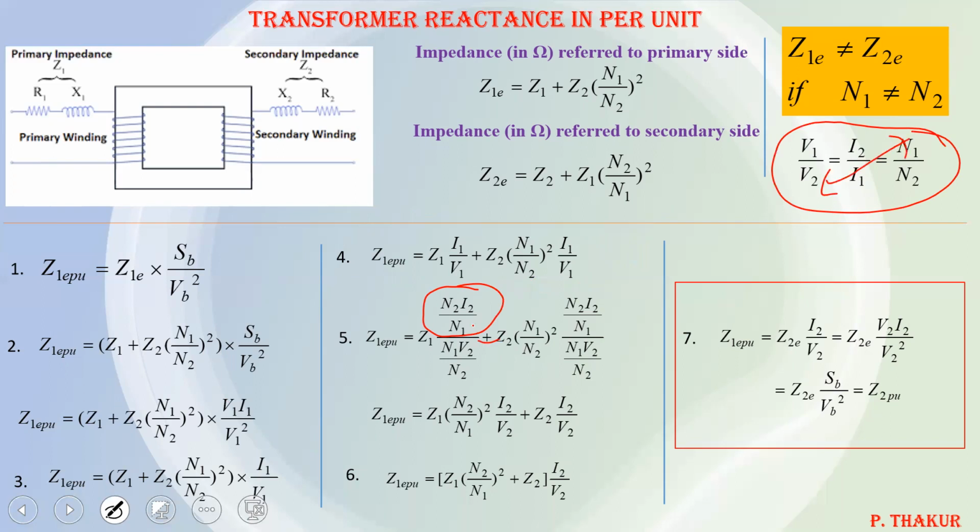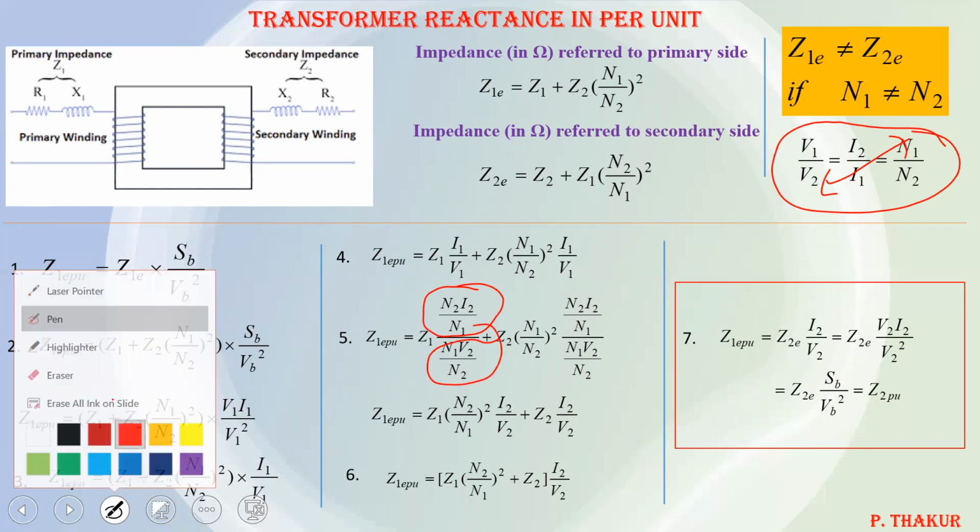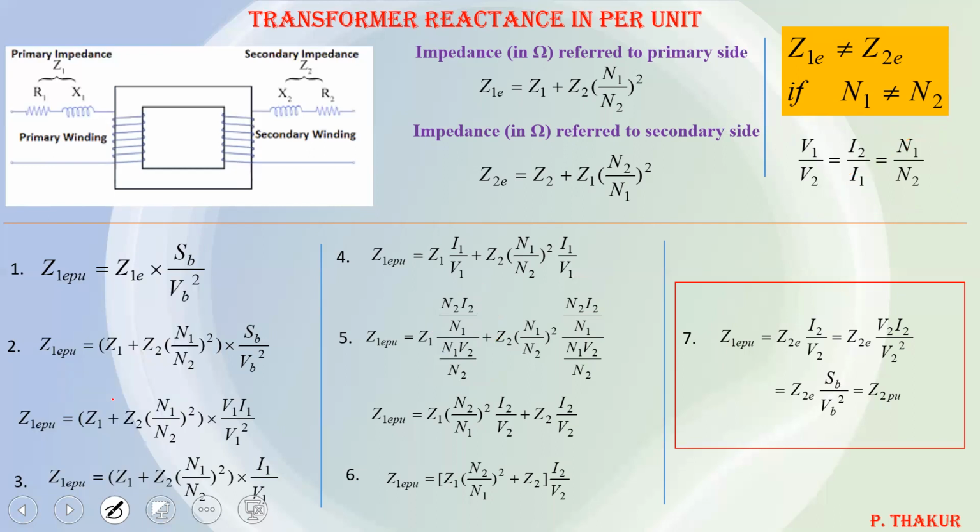So in place of I1, you can write this term, and in place of V1, you can write this term, plus Z2 N1 by N2 whole square. In place of I1, you can write this, and in place of V1, you can write this.